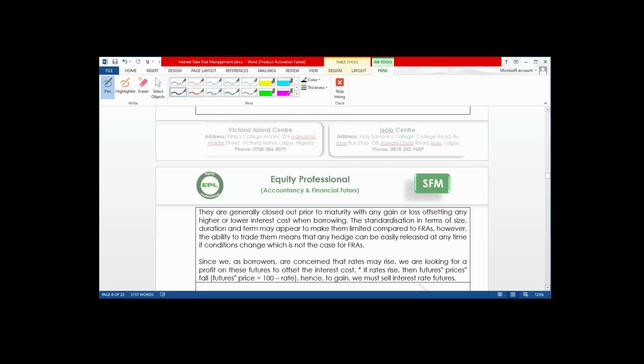The company will sell futures. A potential borrower sells futures. If interest rate rises, value of futures will fall. The company can buy back futures at a reduced price, thereby making profits. These profits can be used to reduce higher interest costs.